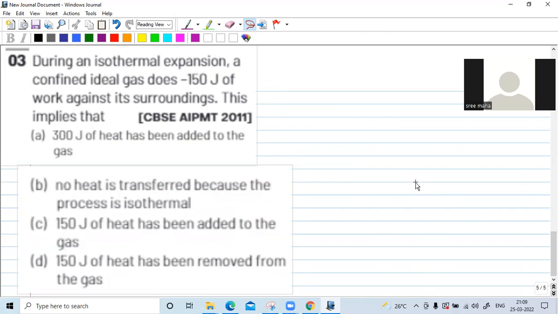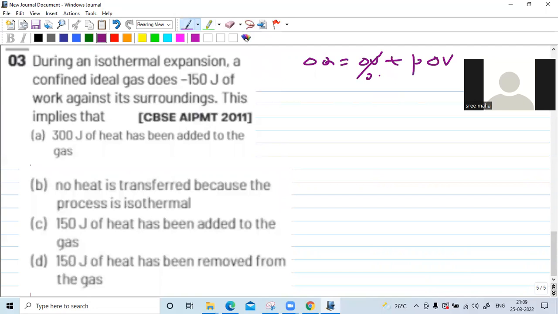Isothermal expansion, temperature is not changing. So isothermal expansion means delta U is 0. Delta Q equals delta W. It's expansion, right?